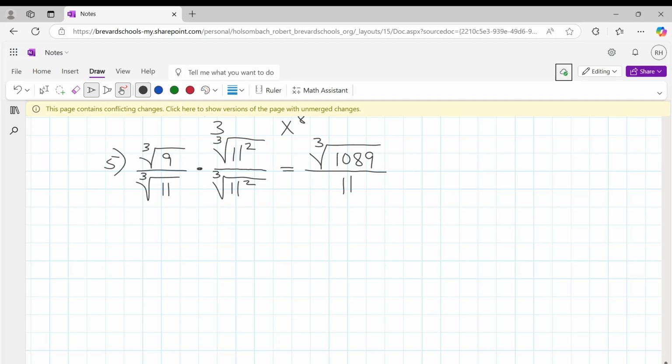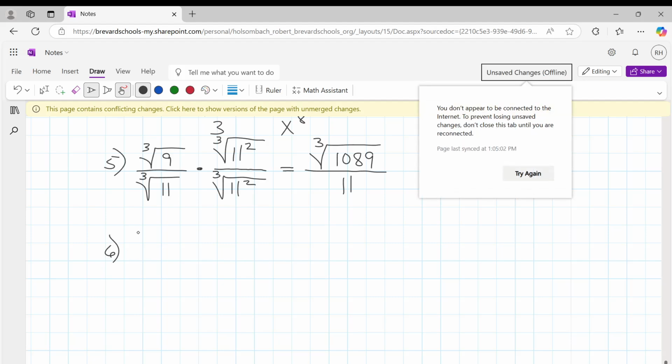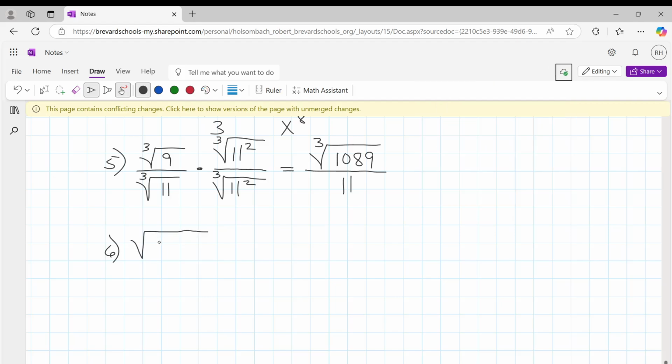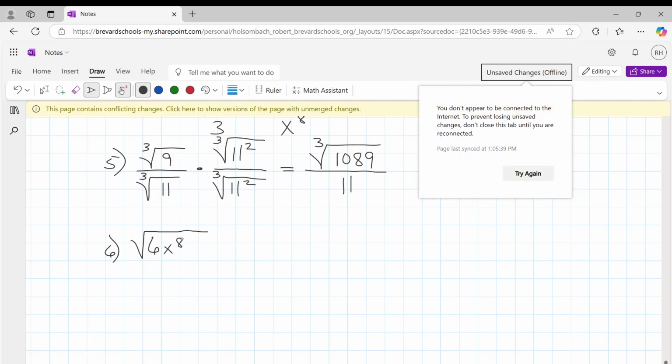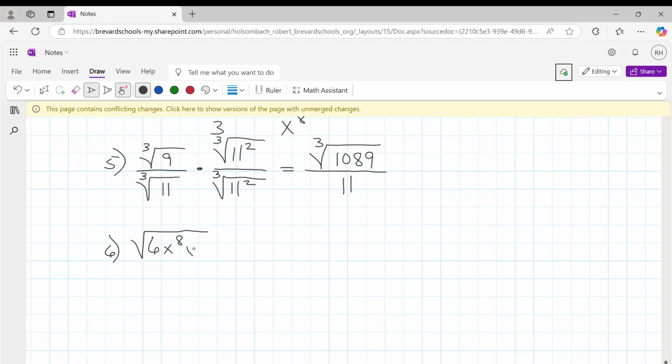And then number 6. Problem number 6, we got the square root of 6 x to the 8th y to the 9th in the numerator. In the denominator, we got a 5 x squared y to the 4th.